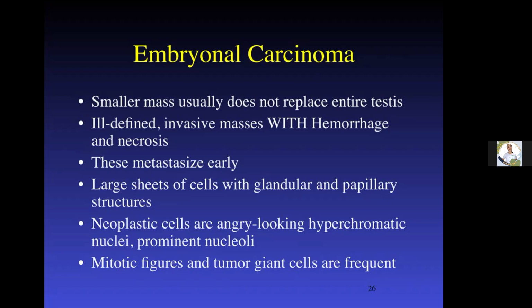Mitotic figures and tumor giant cells are numerous. So you can see a lot of mitotic figures and tumor giant cells in your embryonal carcinoma. They form glands, they form papillae. That is your embryonal carcinoma.